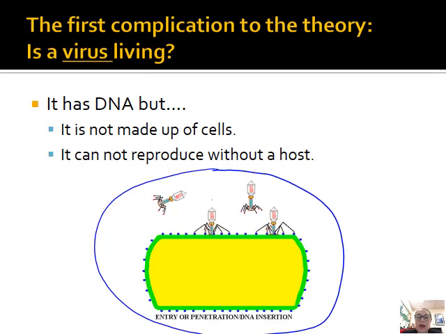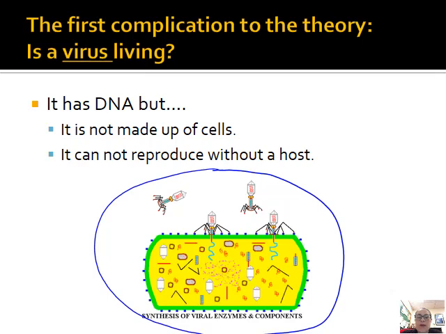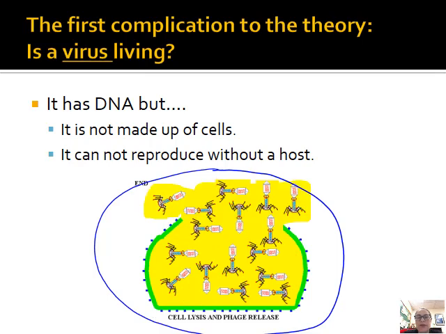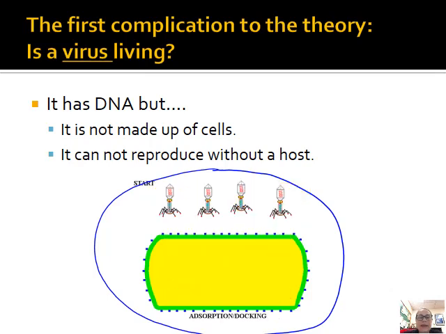The viruses dock on the surface of the cell membrane and inject their DNA. The DNA is inserted into the host DNA, and now the cell only knows how to make baby viruses, causing the cell to die, but the viruses to reproduce. So the virus is a complication to the cell theory because it has DNA, but it can't reproduce on its own. It requires a host. Therefore, the virus is an exception to the cell theory.